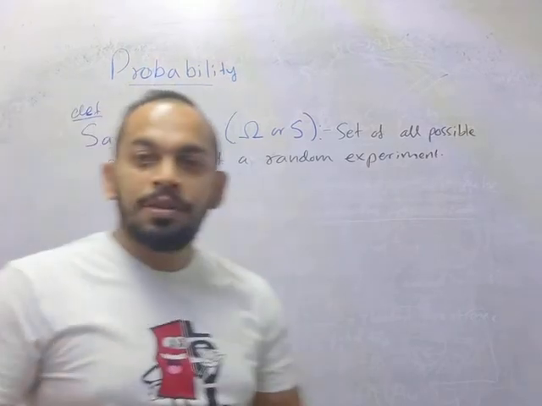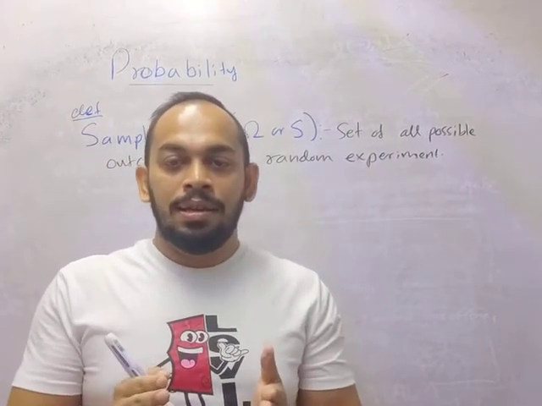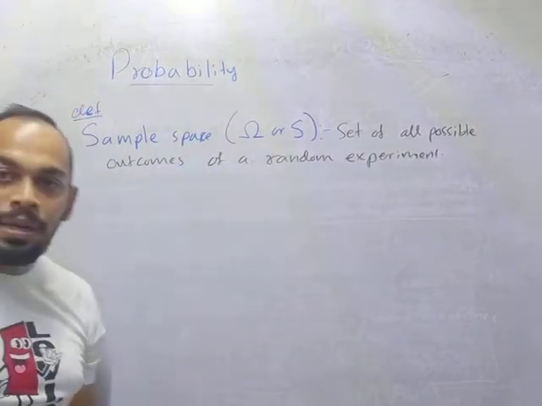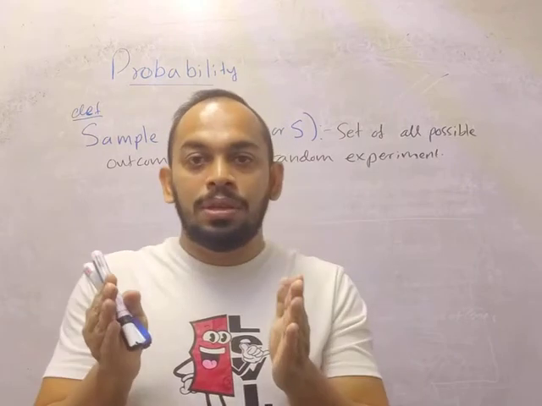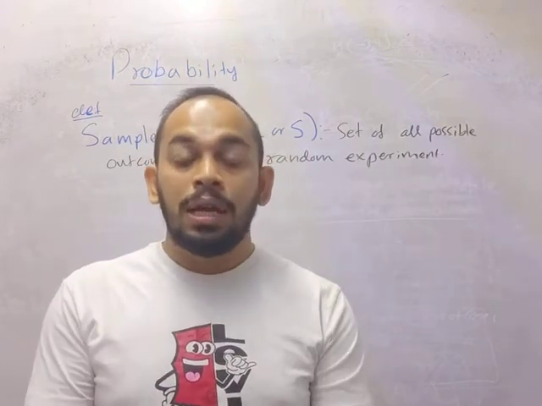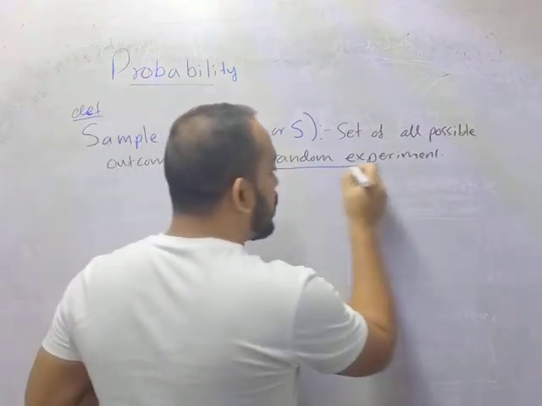Next definition, sample space. What is a sample space? Now this is why we learned sets in the first video. Sample space is a collection, or a set, of all possible outcomes of a random experiment. So here also we deal with random experiments.